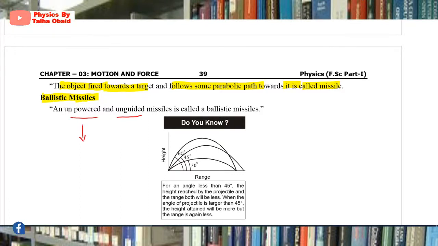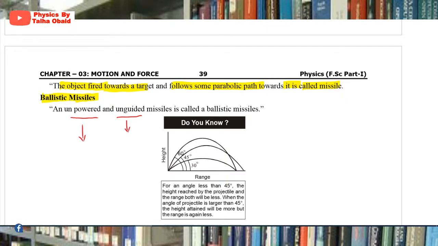It just requires some initial push. We just give it some initial push and it then follows the path under the action of gravity and inertia. All right, we just throw it. You can say we just throw this kind of missile and it follows its path under the action of gravity and inertia. And the second thing is unguided.